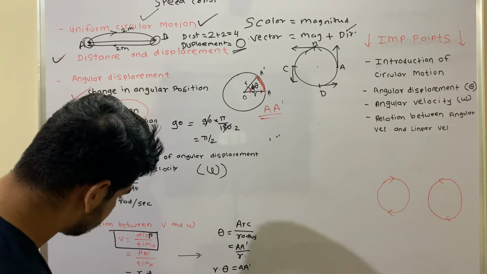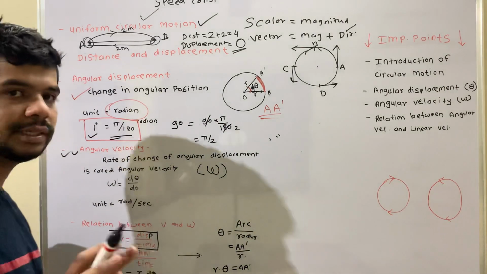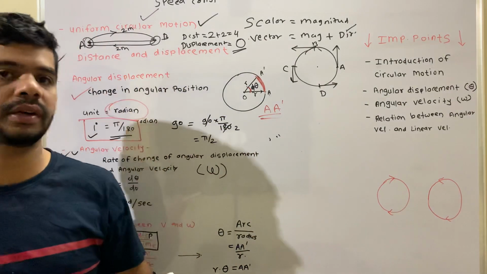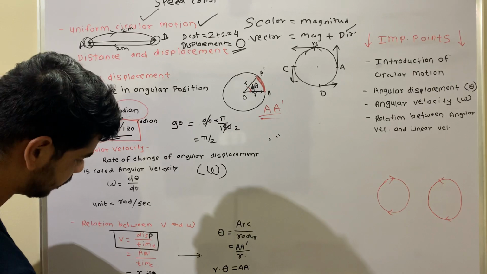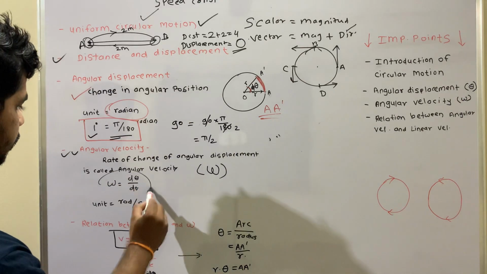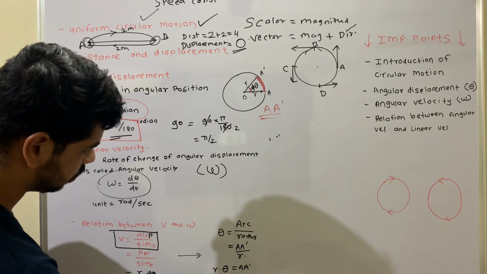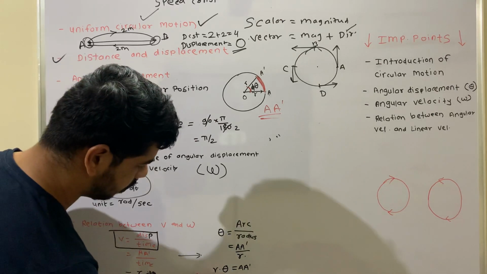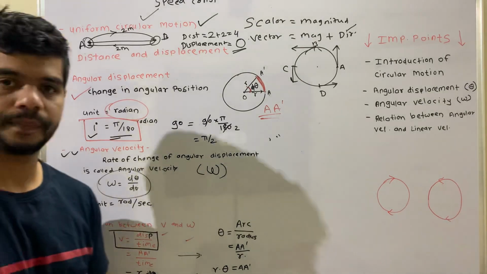So for a small change, I am writing d theta upon dt, because here the radius is not going to change. Please try to recall, the radius is not going to change, so the radius remains constant, d theta upon dt. And what is d theta upon dt here? It is omega. And here v. So v is equal to r omega.